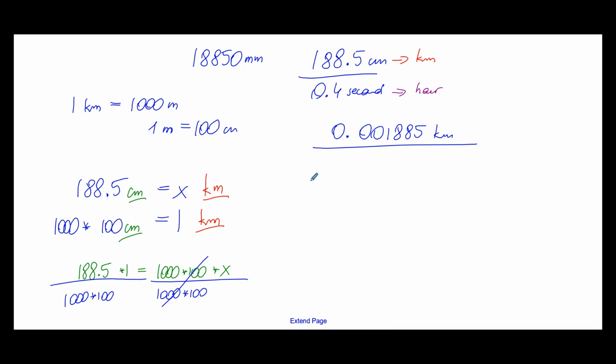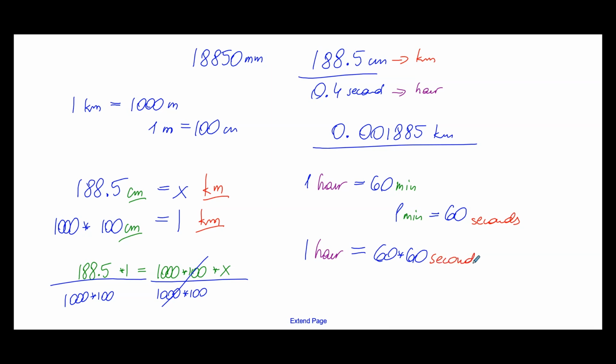And now let's change that seconds into hours. What do I know? That 1 hour is equal to 60 minutes, and 1 minute is 60 seconds. So that means 1 hour will equal 60 by 60 seconds. That's how many seconds we have in an hour.